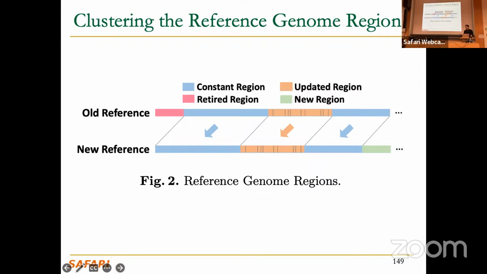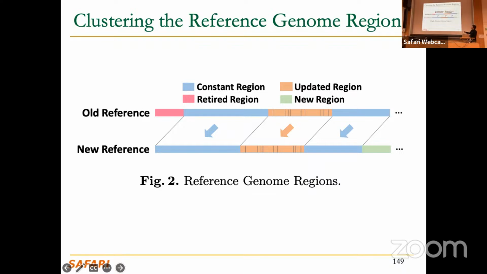The reason for that is mainly because, again, this is a heuristic decision, but this particular region is not changed, it is constant. This means that whatever operations we already performed on the old reference genome, we should be able to transfer that information to the new reference genome. The only thing that we need to change are the positions, because these can move right and left depending on the retired and the new regions.